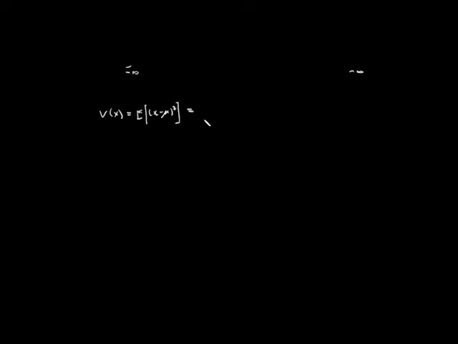Now this is also equal to the expected value of x squared minus mu squared, or if it's easier for you to remember, you can think of it as the expected value of x squared minus the expected value of x, quantity squared, because mu is equal to the expected value of x.